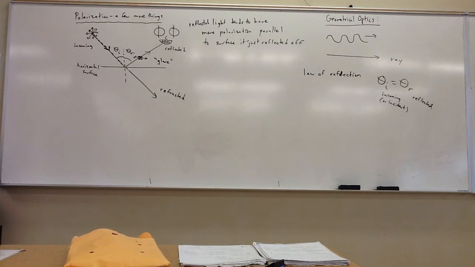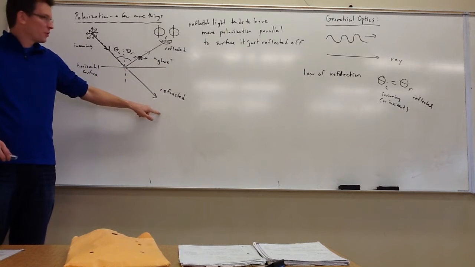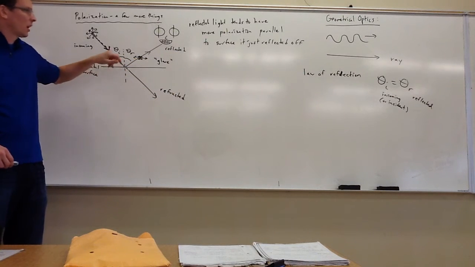Now I should tell you right off the bat that it is well beyond the scope of the course for you to calculate what percentage of the incoming energy goes into which one. It's generally not split 50-50. The brightness and energy is not split 50-50. And in fact, it depends on the incoming angle.